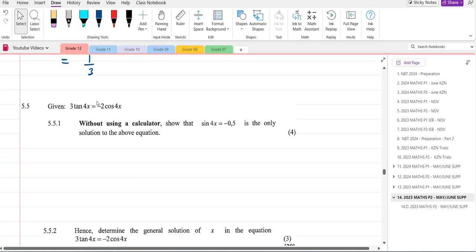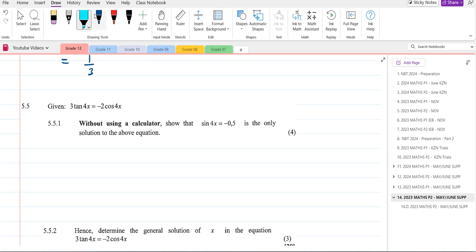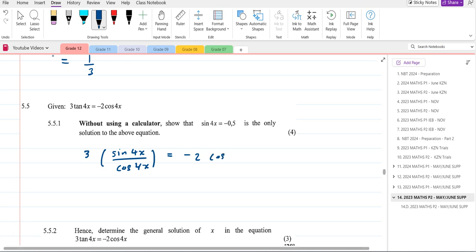So you need to simplify this equation to this, but we know what tan is, right? 3 tan 4x is 3 times sin 4x over cos 4x. We know that is the tan identity: tan is sine over cos. Negative 2 cos 4x. So what is cos 4x? Let's just leave it as cos 4x.